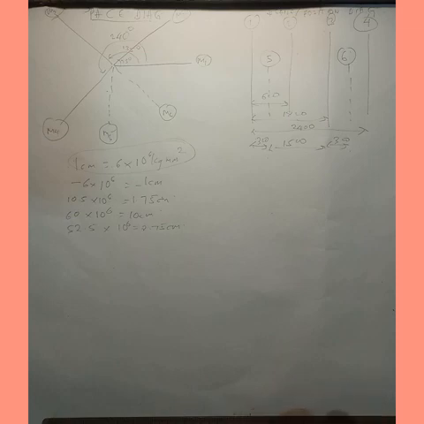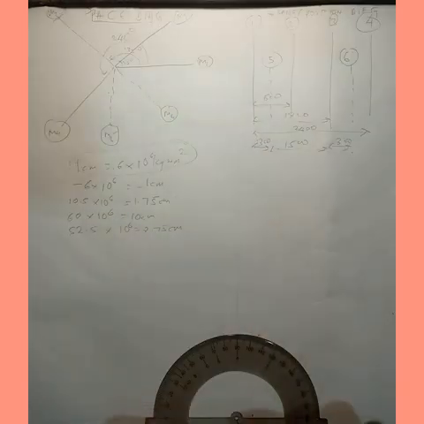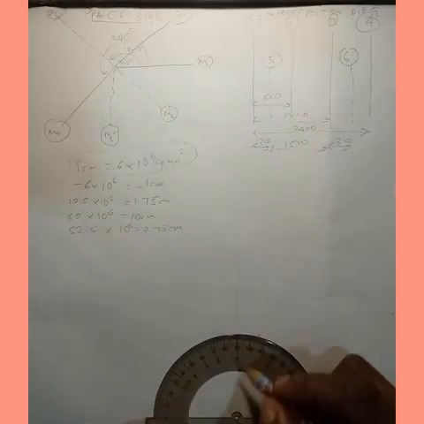So the next one is M2, and M2 is at an angle of 75 degrees from the reference plane, from M1. Now we are going to take a protractor and measure 75 degrees. So this is 75 degrees.